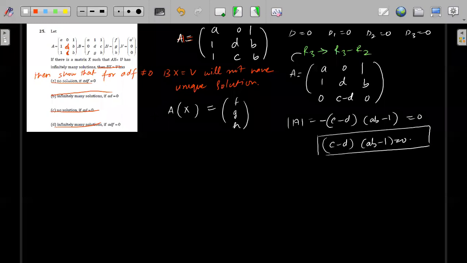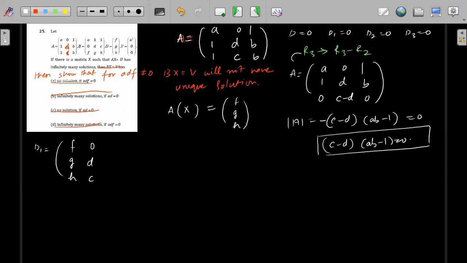Now let's try to find out the value of D1 also. So D1 I will find in this matrix A when I substitute FGH in column 1. So FGH, and this is 0 D C, this is 1 B B. Okay, so when I substitute this, I will find the value of D1.